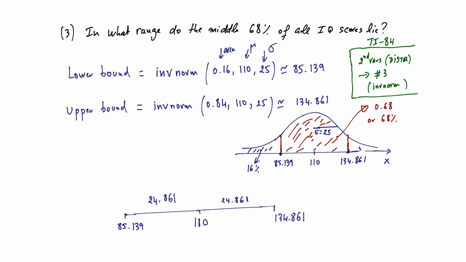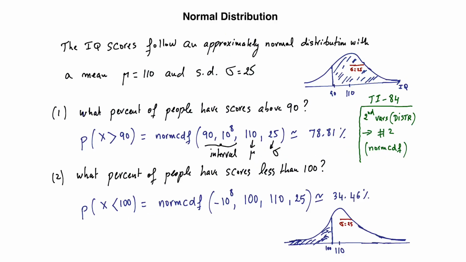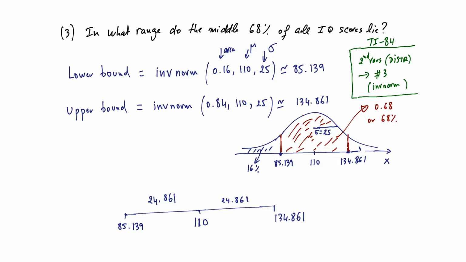Let me say one more thing quickly that I forgot to mention. So now we found my interval, 85.139, comma, 134.861. Let's say you want to double check if my interval is true. You can double check your work.